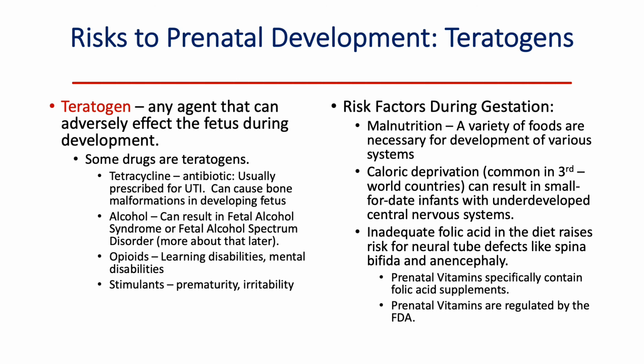So, for example, if they have evidence that a drug's harmful, that it's teratogenic, then they're going to put a red label on there, and you can't prescribe that for somebody who may be pregnant. They'll have to get a pregnancy test and make sure they're not pregnant before they can take it if they're a female in reproductive years.